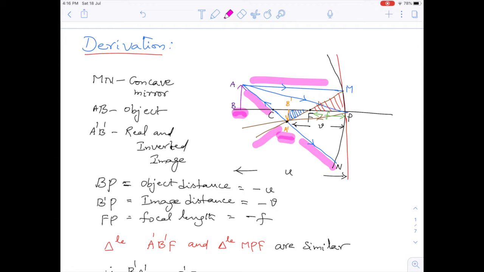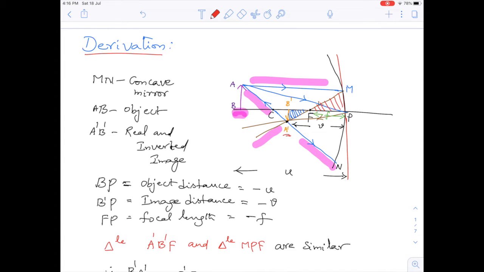One is the reflected ray MF, passing through F, and another is NC, passing through C. These two intersect at the point A dash. So A dash B dash is the real and inverted image formed.